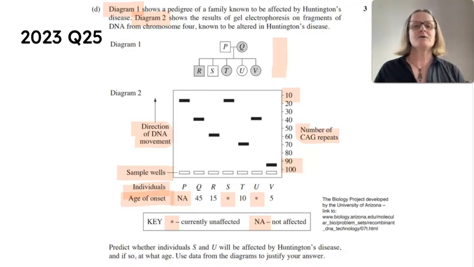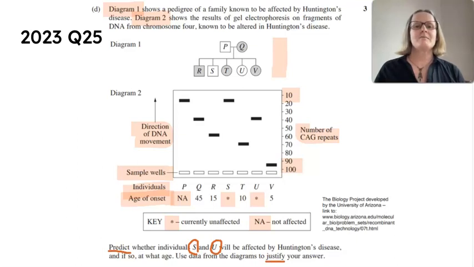So we're being asked in the question to predict whether individuals S and U will be affected by the disease, and if so, at what age? Okay, and you have to justify, in other words, give evidence to back up your answer.